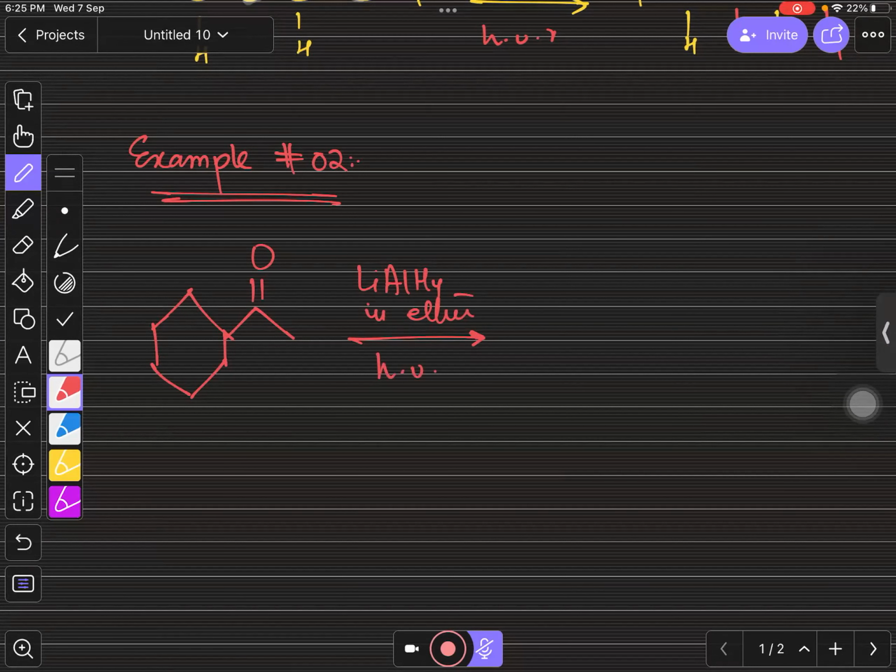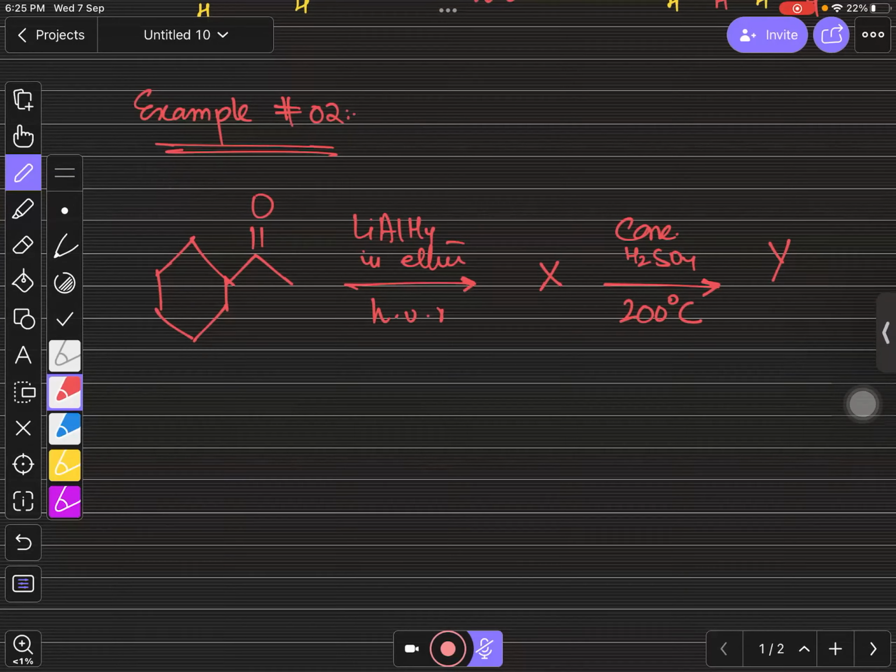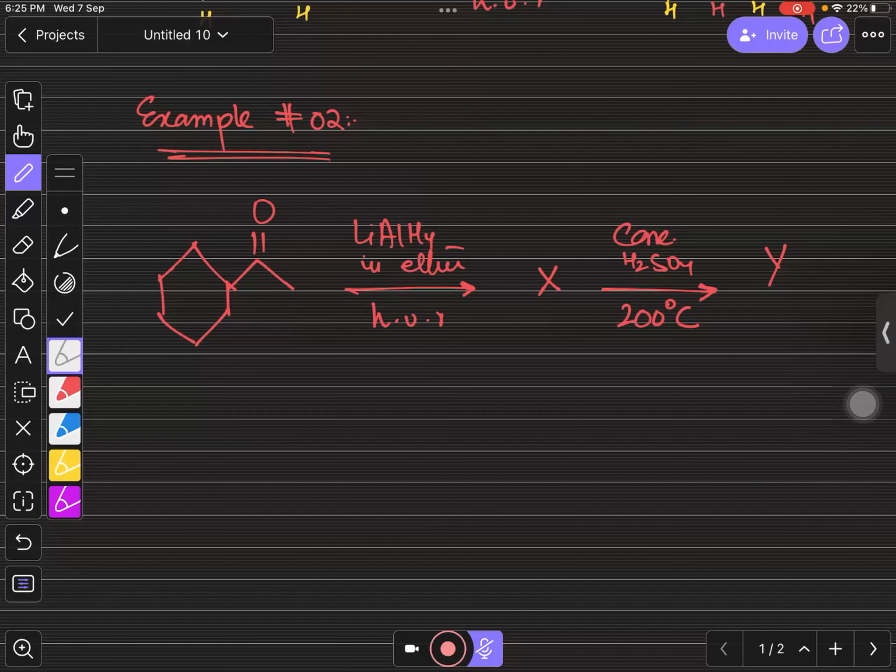You are doing heat under reflux over here, and there is a compound X which is forming. Then you are treating this X with concentrated sulfuric acid at 200 degrees centigrade temperature, and it is forming molecule Y. So I just want to ask you guys what you need to do. Can you solve this question, bacho?